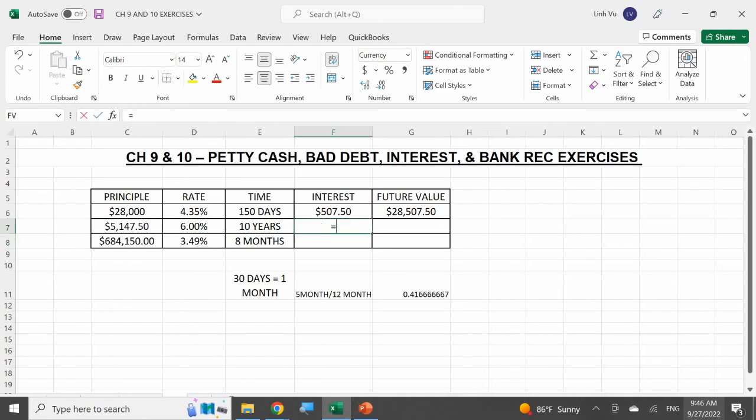What did you do? I did 6% times 5,147, and then I times it by 10. Okay, so you probably did a typo there. You probably missed a zero somewhere. Okay, so it's $3,088.50. So in this case, what's my future value going to be at the end of 10 years?